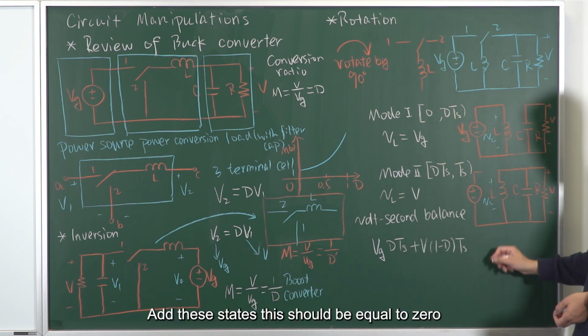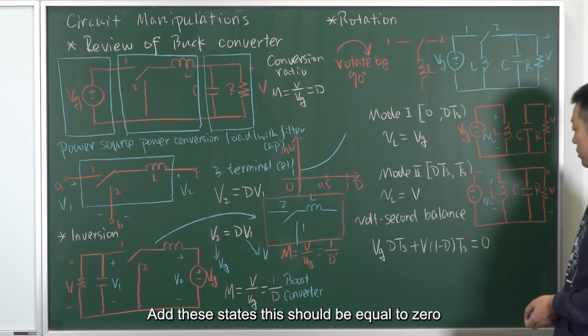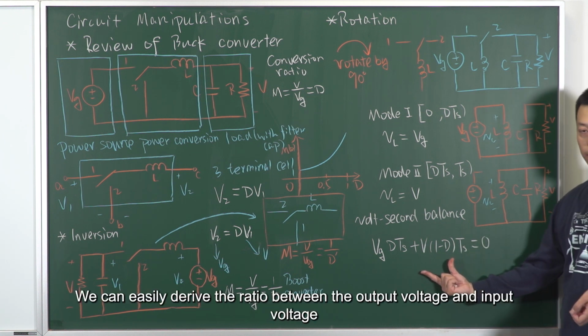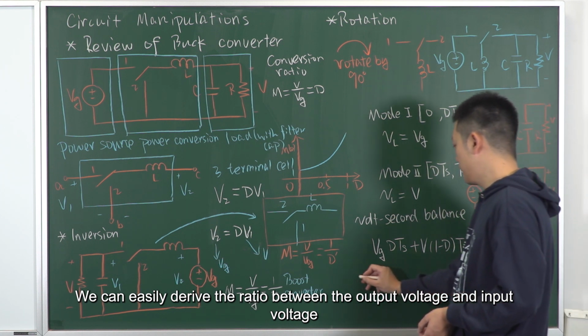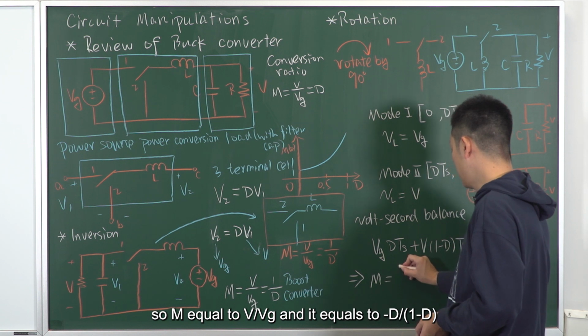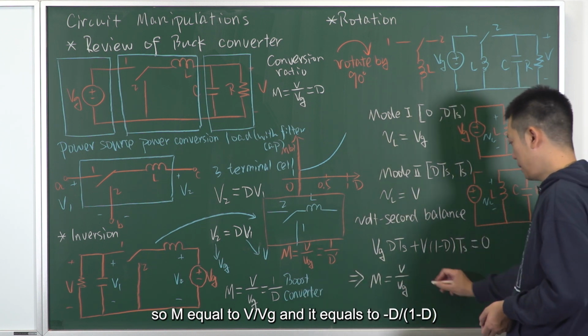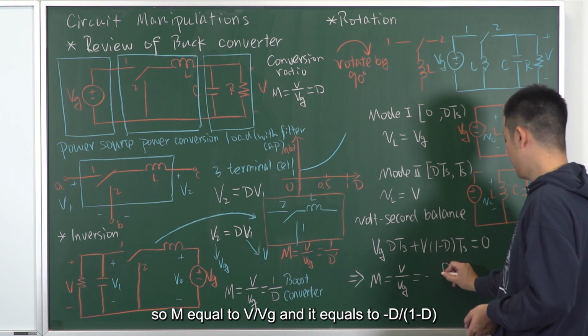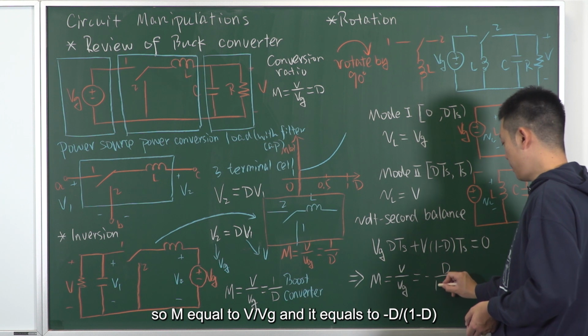At steady state, this should be equal to 0. We can easily derive the ratio between the output voltage and the input voltage. So M equals V over Vg and equals minus d over 1 minus d.